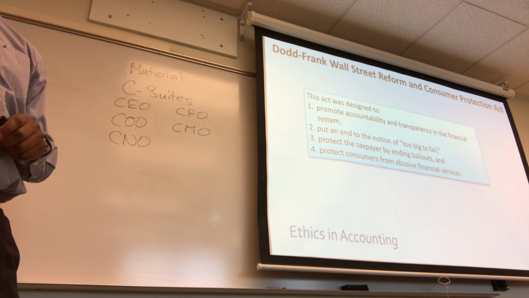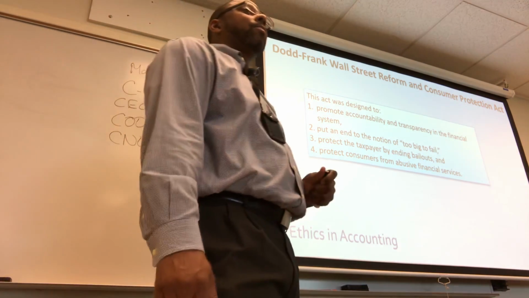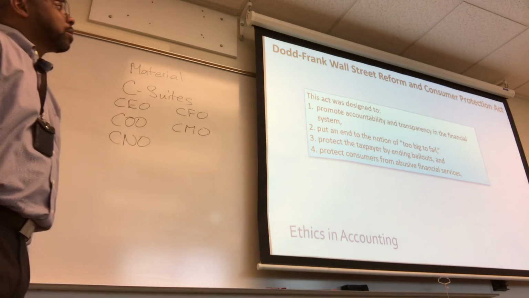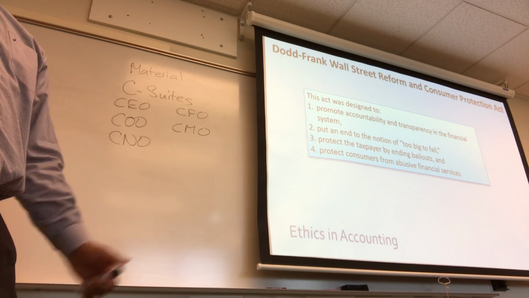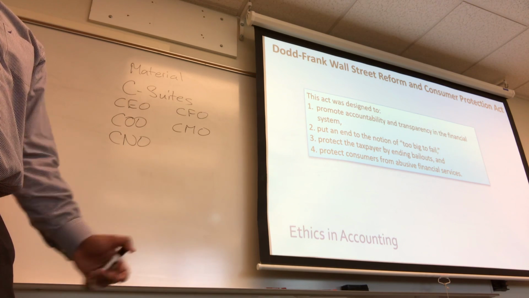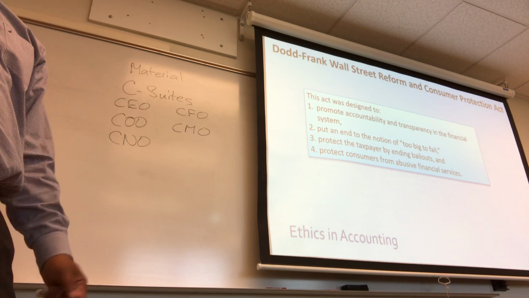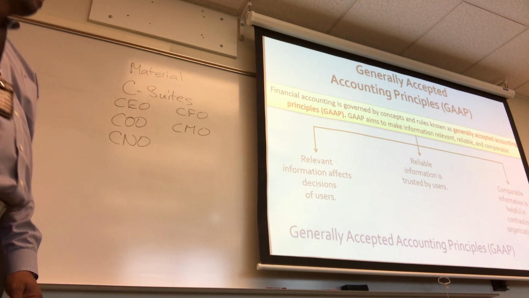We also have Dodd-Frank. Dodd-Frank is a banking law that has come to pass, and is our most recent banking law, right? Promote accountability and transparency within the financial systems, right? And put an end to too big to fail, or at least try to.